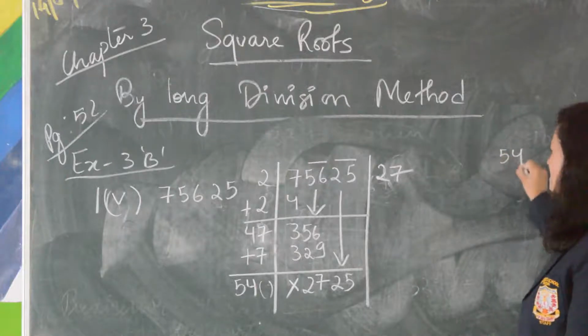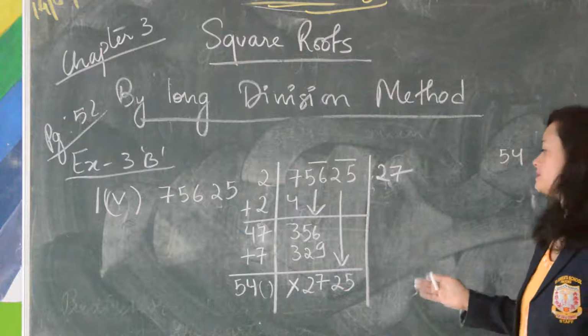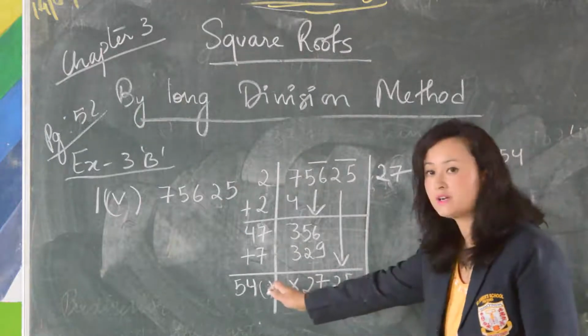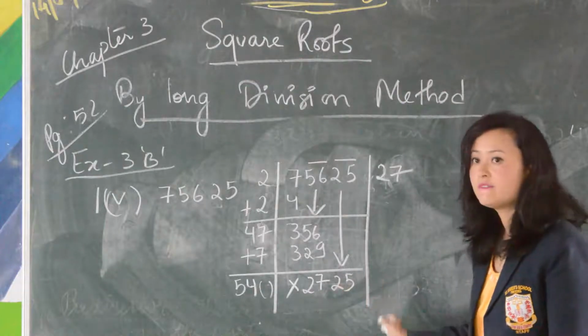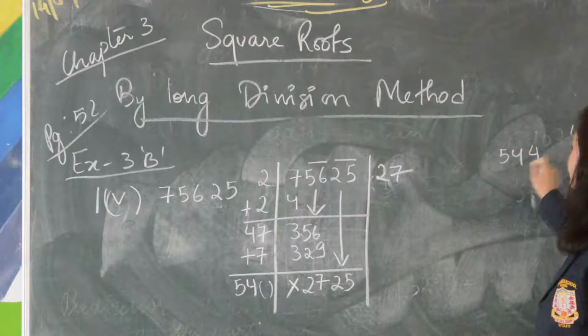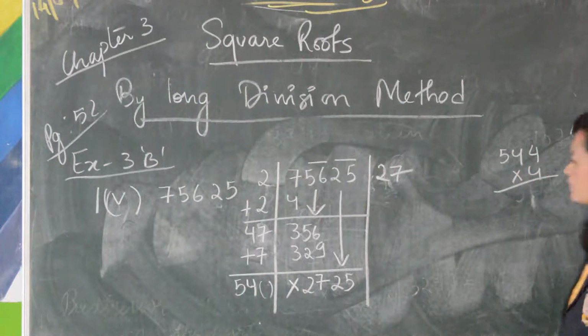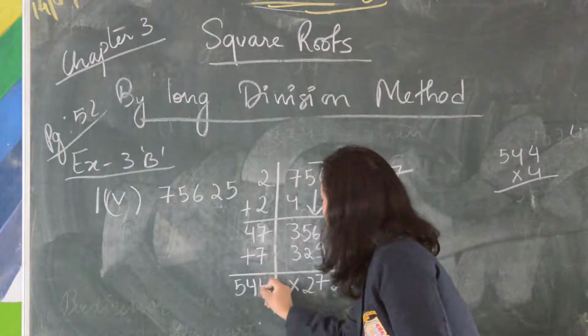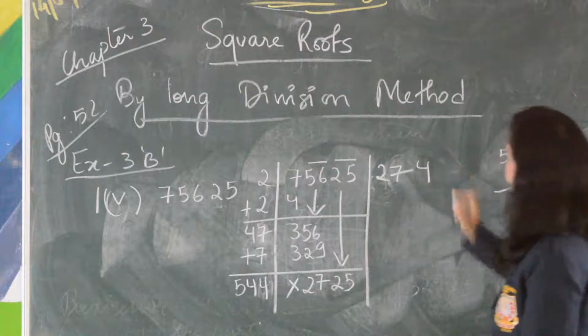You can take any number, 1, 2, 3, but what you have to remember is that the number you take over here has to be smaller than 2725. So, say, I'm taking 4. If I take 4 here, I have to multiply with 4.